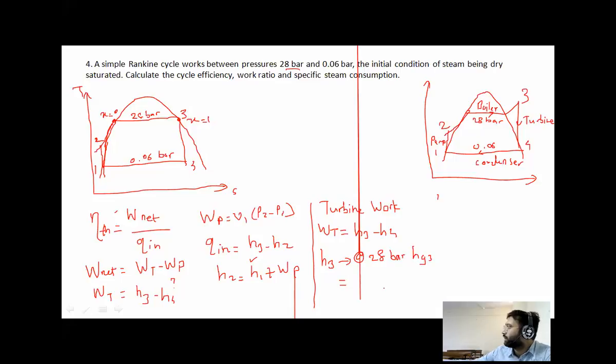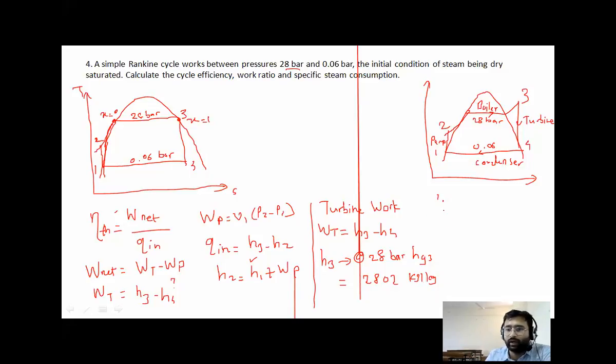Where is your steam table? If you don't have it, then look in the app. In the app you can also check. 2802 kilojoule per kg. That's it. It is as simple as that. Now next is the calculation of H4.